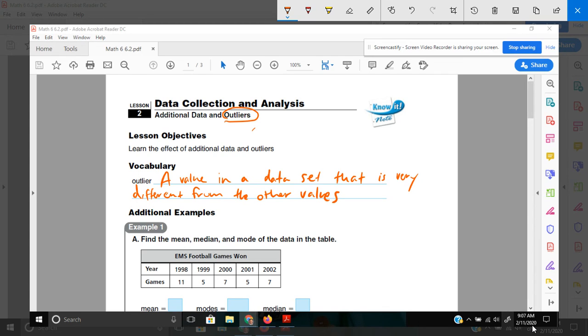Okay, so basically what an outlier does is it throws off some of your data, so it makes it look a little bit skewed. So we want to be good at looking at our data and seeing if we do have an outlier, how will that affect our data?